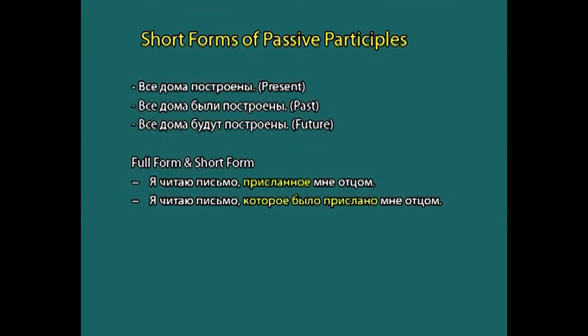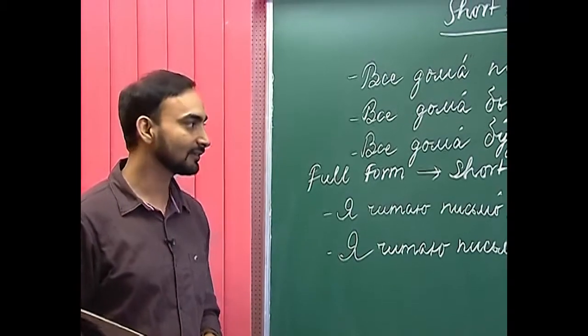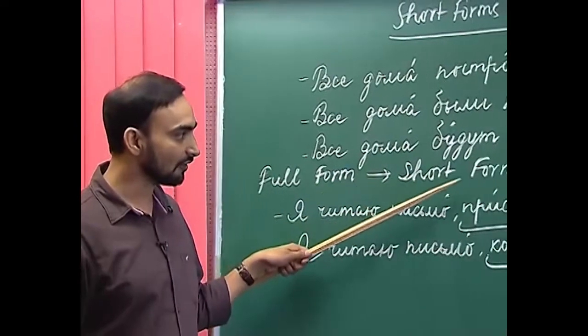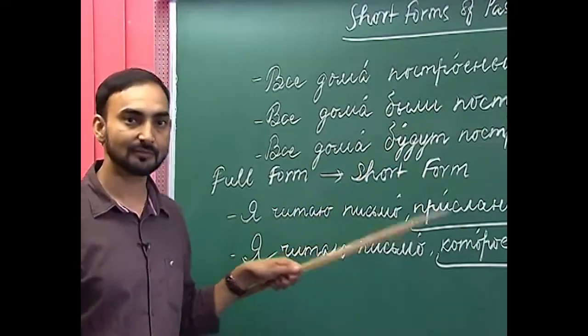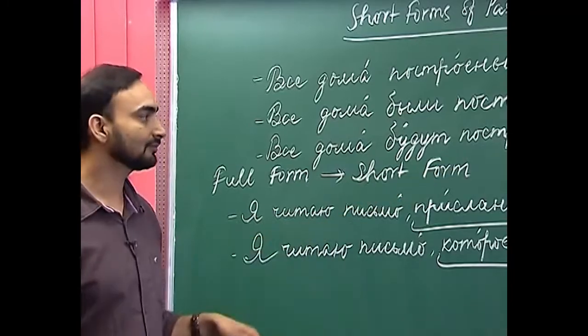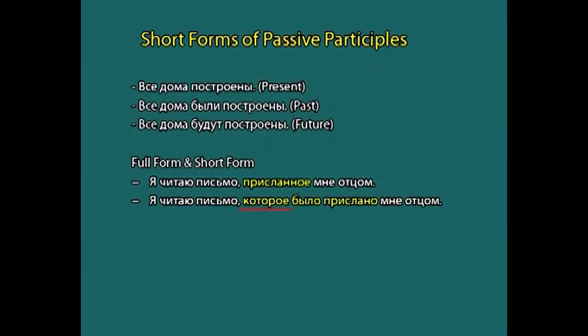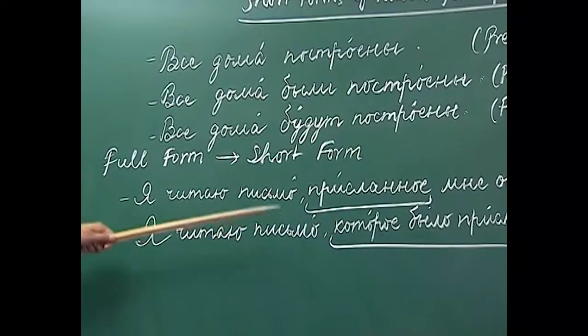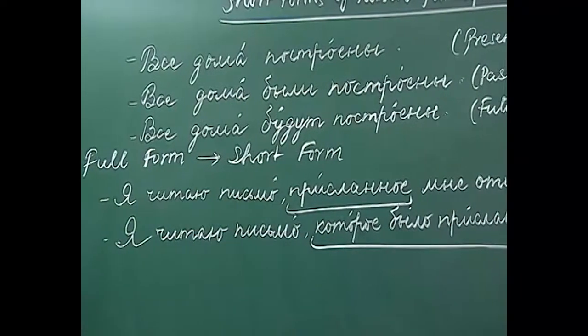Now, one more important point here is that you can replace the full form of passive participles, past participles passive, with the short forms of the same participle using the word katore. So, how do we do that? Let us look at the example.